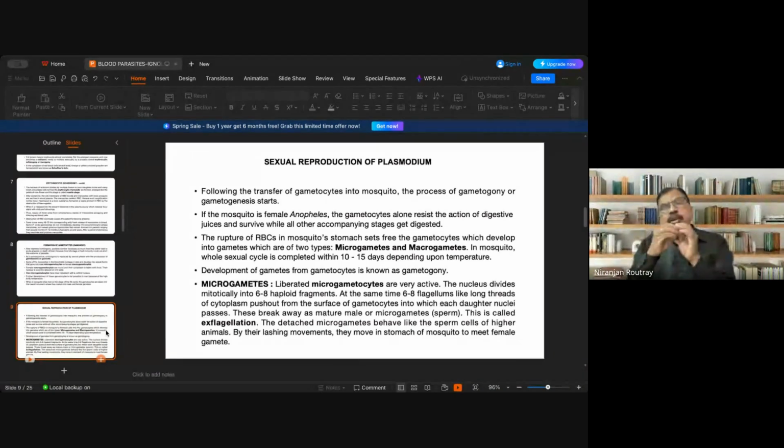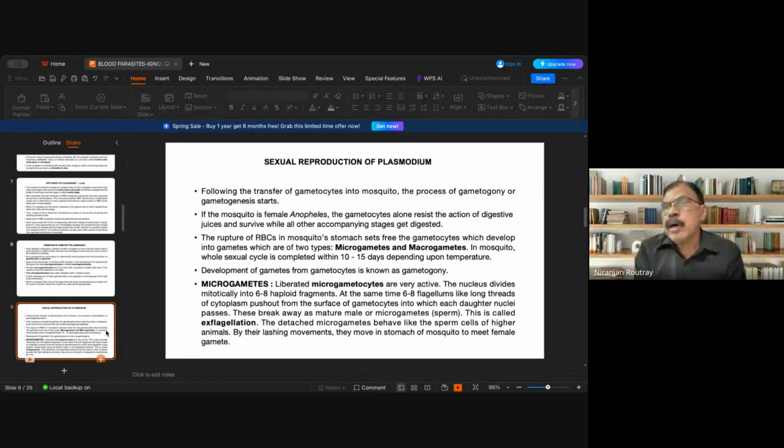So in the body of the mosquito, except the gametocytes, all other stages are digested by the digestive juices liberated in the stomach of the female Anopheles mosquito. Only the gametocytes sustain the action of the digestive juices.